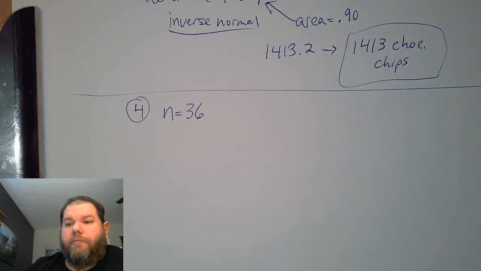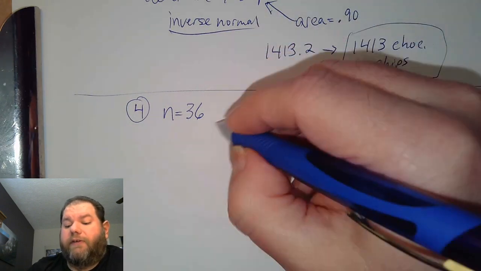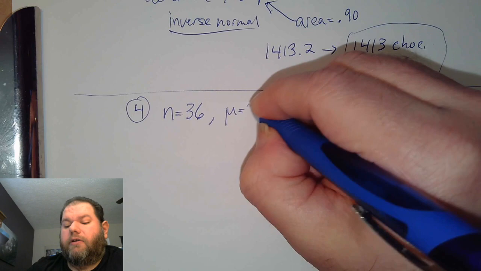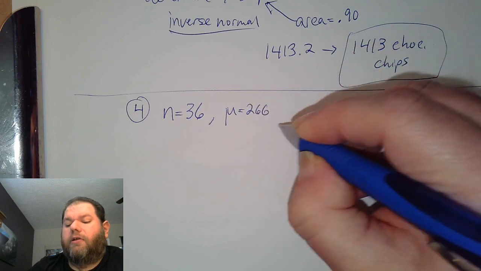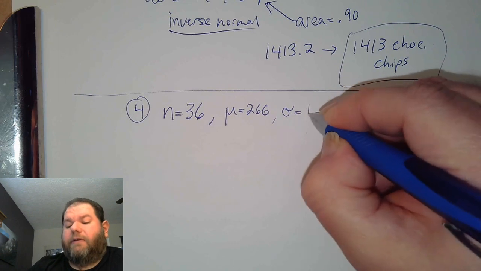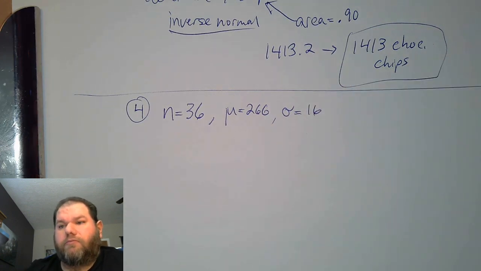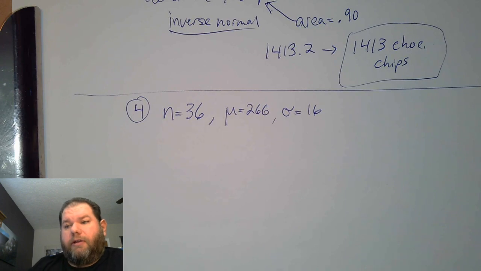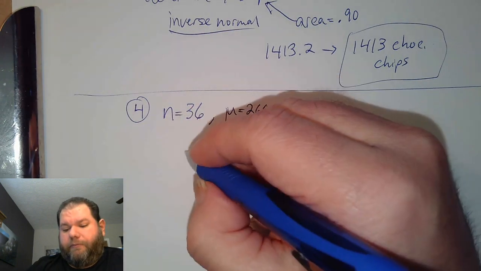From the past year, the population mean for the length of pregnancies is known to be 266 days. And the standard deviation is known to be 16 days. So question 4 asks, what is the probability that the average length of pregnancy for the sample is less than 270 days?